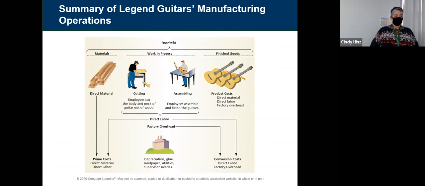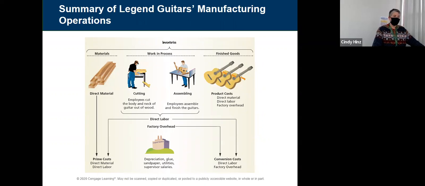What we've learned so far is still going to apply. I don't want you to think that we talked about these concepts of direct materials and direct labor and assigning overhead in chapter 15, and now you can set that aside. No, those same concepts are still going to apply, whether you use job order costing or process costing. Every product is still going to include all 3 of those components.